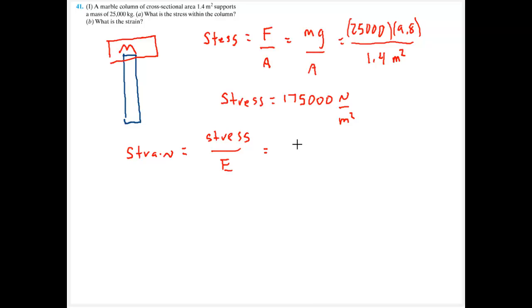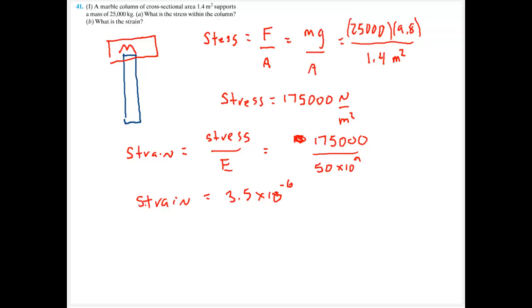So the strain is going to be the stress, 175,000, divided by Young's modulus, which is going to be 50 times 10 to the 9th newtons per meter squared. And we're going to come up with the strain being 3.5 times 10 to the minus 6.